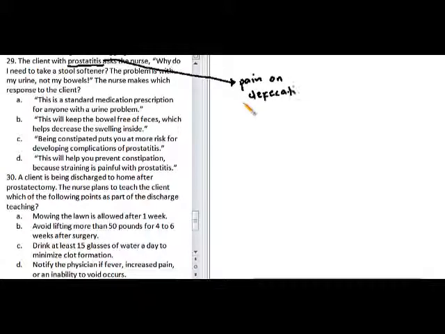Therefore, the harder the stool, the greater the pain. So it is important that the client should be able to defecate easily. And how would that be possible? The answer here is we give stool softeners. Therefore, the reason here why we give stool softener is D. Help prevent constipation because straining will cause pain.